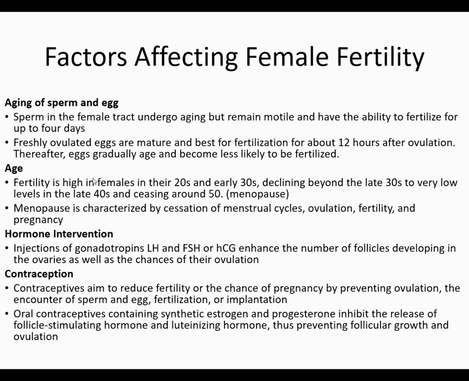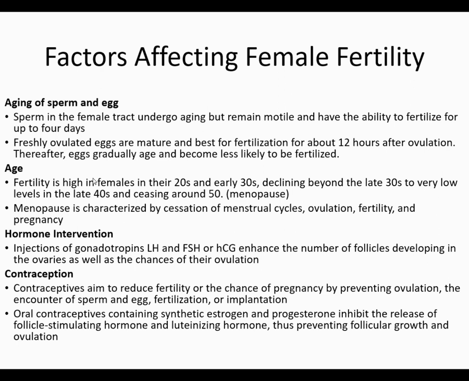Okay, female fertility. Even though men produce the sperm, what happens inside of a female will affect her ability to become pregnant. Sperm inside of the female can actually remain motile for a couple days, 4 days, before they start to lose their mobility and then their ability to fertilize.